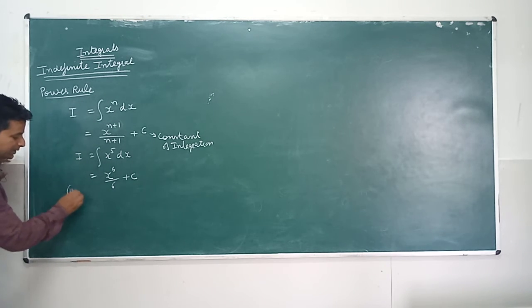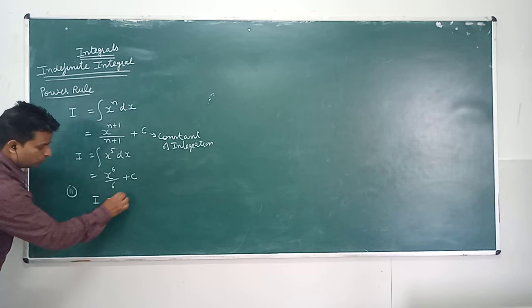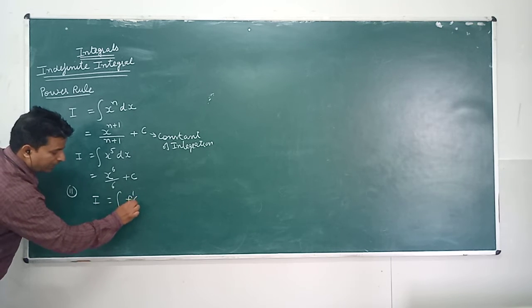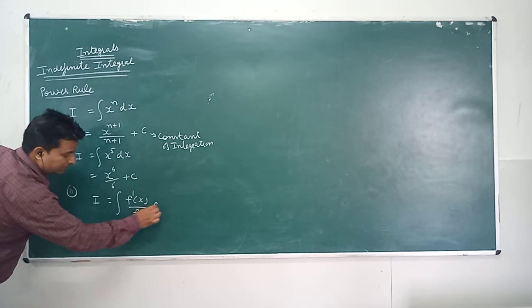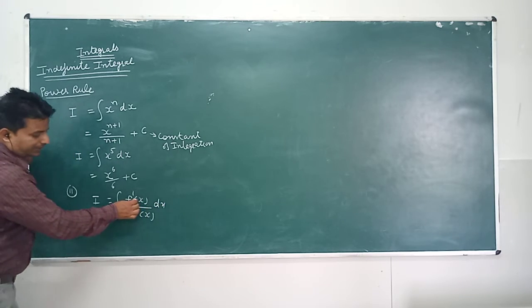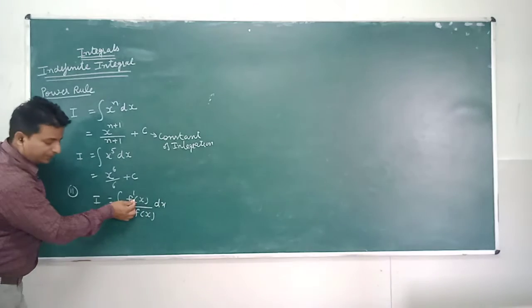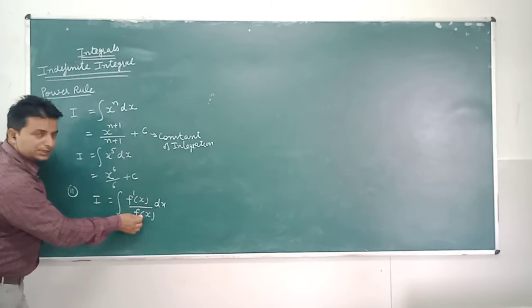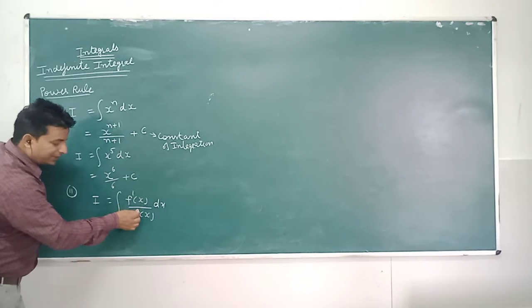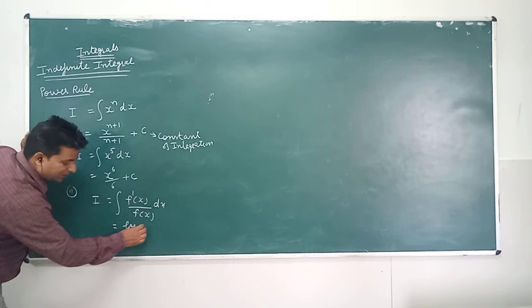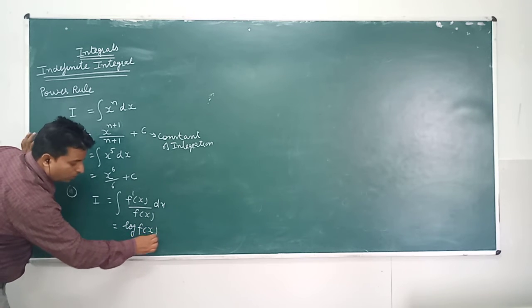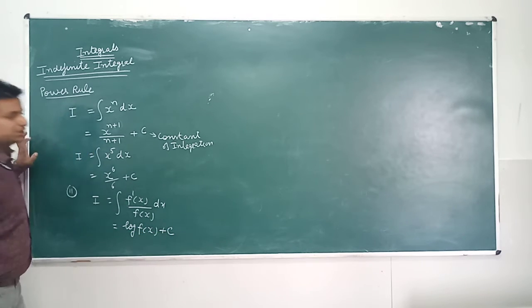Second rule is I is equal to integration of f dash x by fx. This means the numerator is the derivative of the function in the denominator. If the function is in the denominator and its derivative is in the numerator, then its integration is log of fx plus c.